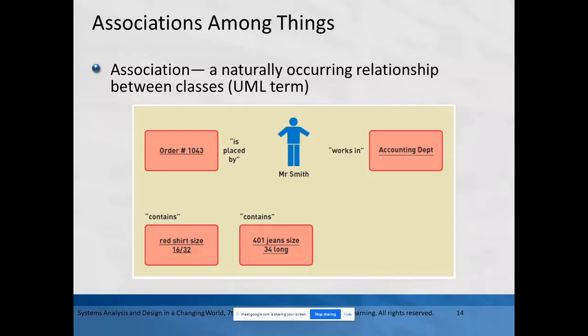So far we've been talking about the nouns. These are essentially the verbs. So you would say an order is placed by, so that's the verb, Mr. Smith. Or Mr. Smith works in the accounting department. Again, the verb is the link or the association or the relationship between these groups of data.